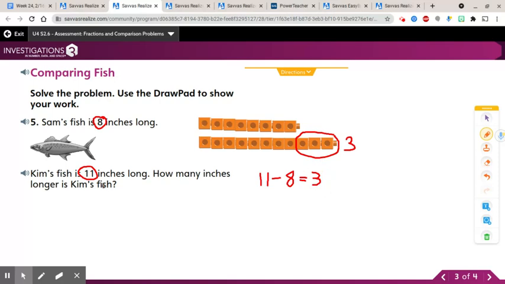But I can also count up. I can start at 8 if I was working on my number line, and I can count up until I get to 11.